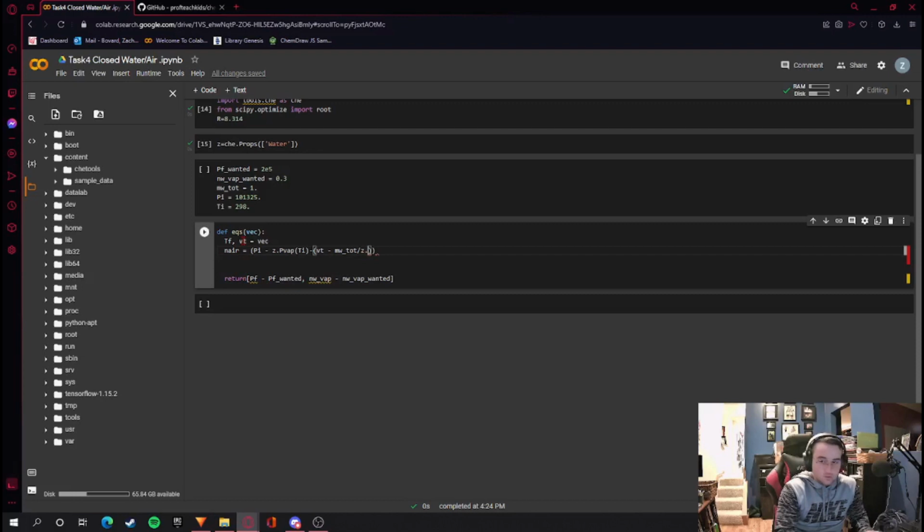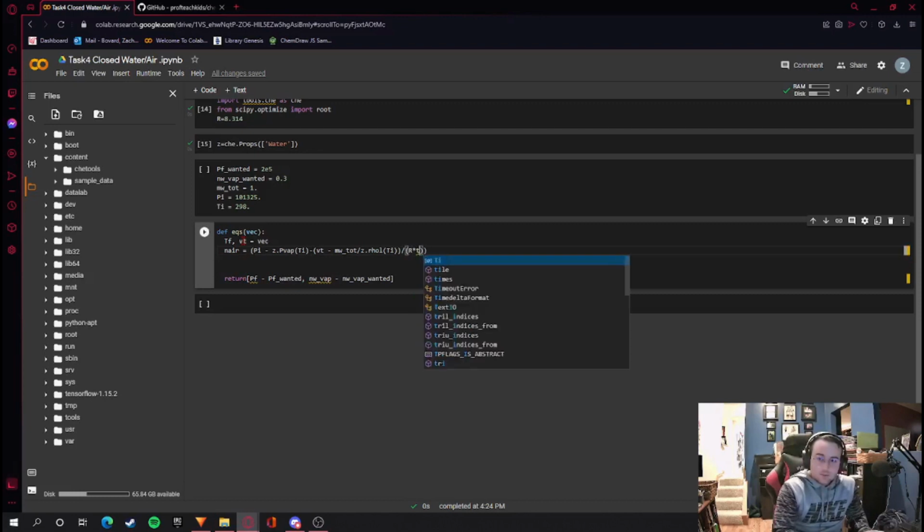So again, we'll use our class or our object, and that'll be this at the initial temperature. And then all of this is divided by R times the initial temperature.